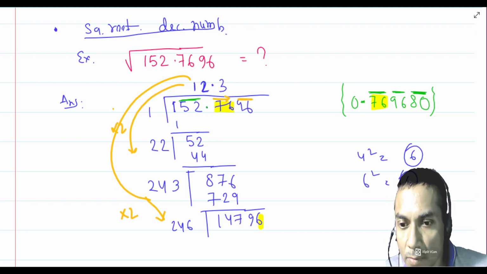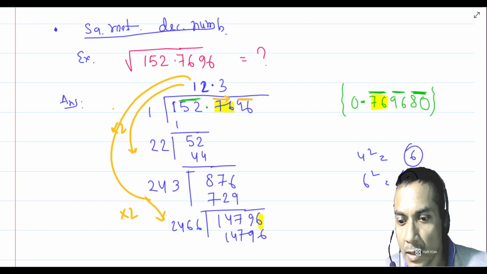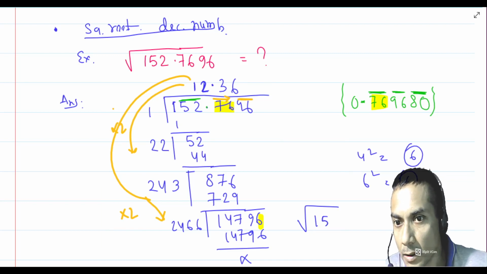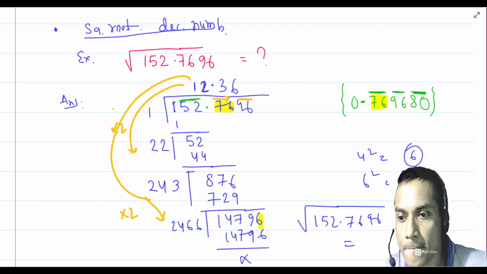So it may be 6. Check it. 1479. So 12.36 is the right answer. So after doing this calculation, 7696, we get this value, that is 12.36.